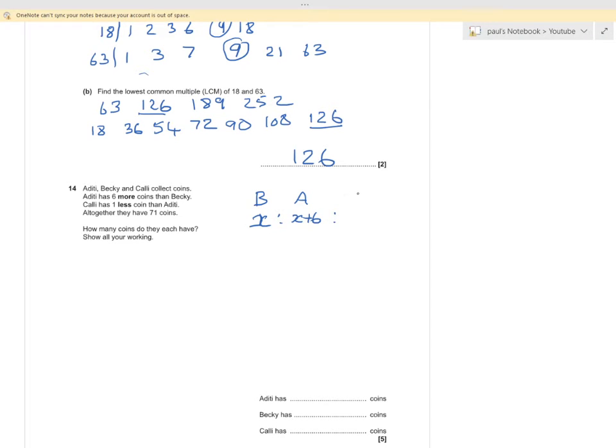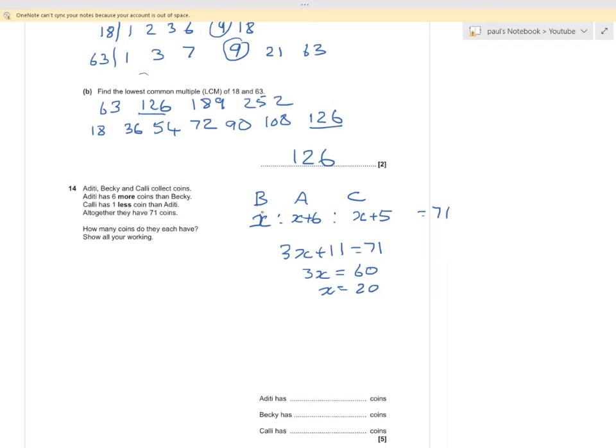And Callie, 1 less than Aditi, is x plus 5. Altogether that equals 71, so 3x plus 11 equals 71. Take away 11, so 3x equals 60. So x equals 20.